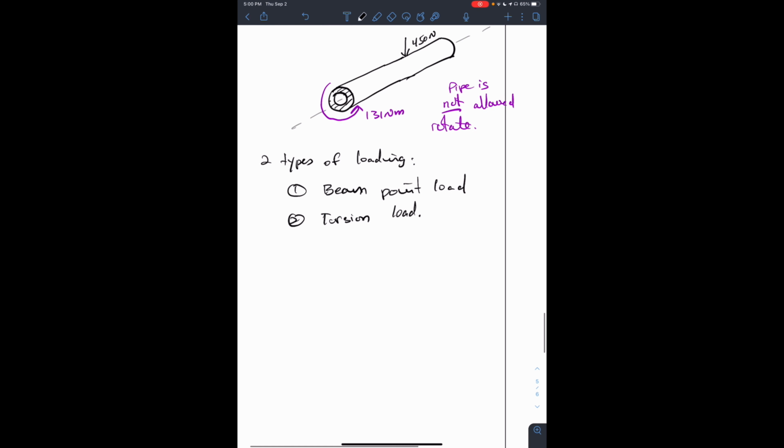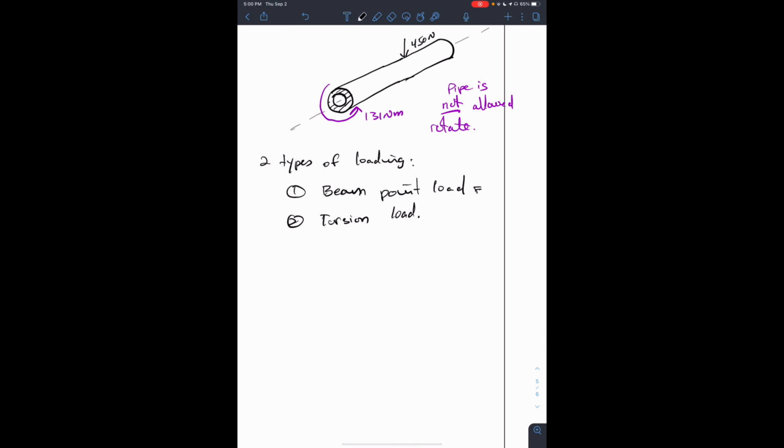So to analyze this, we look at the beam point load and we go through our normal method: shear force diagram, calculate shear stress, bending stress. Then we look at the torsion load and we work out the torsional shear stress, which you could recall from strengths when you did torsion and circular cross sections.